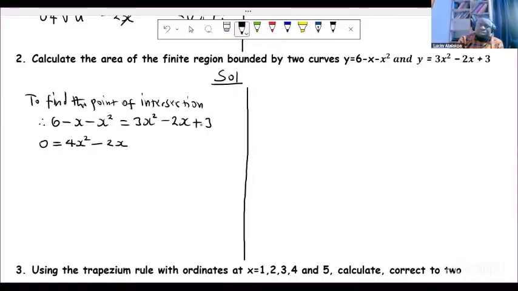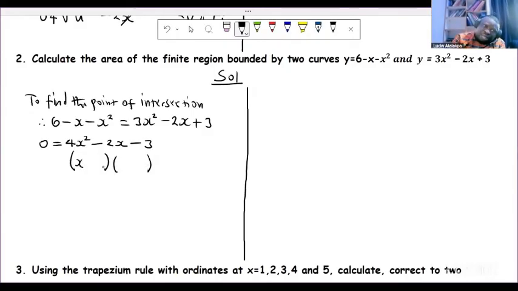So this is positive 3. If positive 6 crosses, this will become 3 minus 6, which is minus 3. Good. So that is the equation that we'll obtain by the time we equate both curves together.